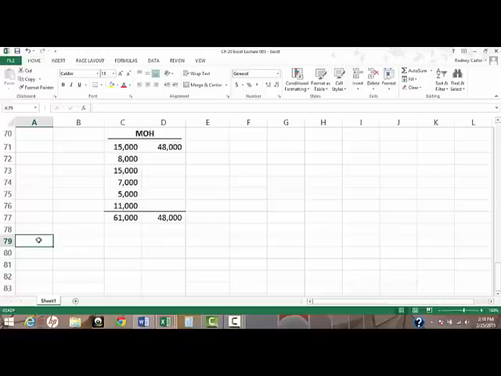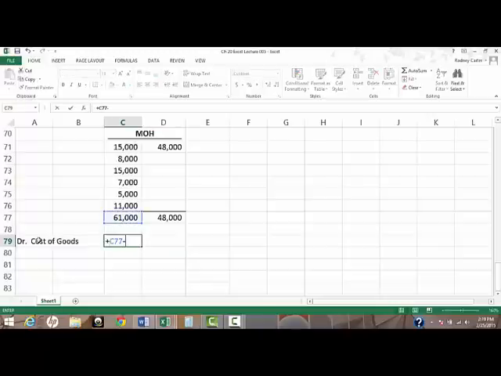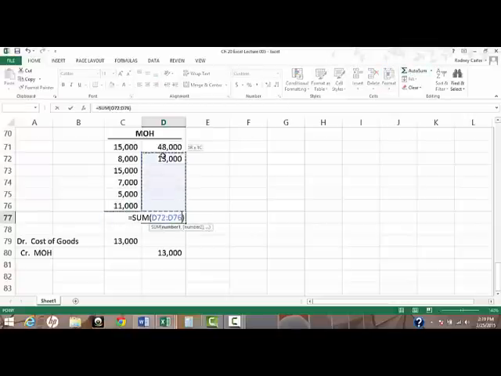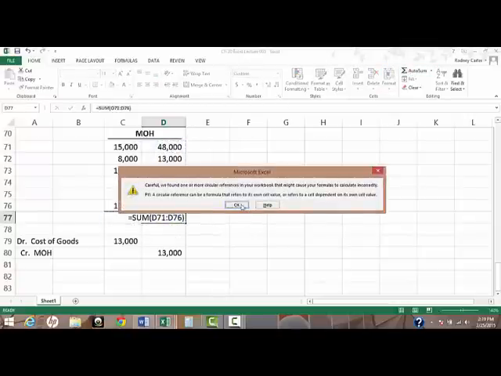To fix this, I would debit cost of goods sold for the difference. And I would credit manufacturing overhead for the same thing. And once I put in this $13,000 year-end adjustment, we would balance.